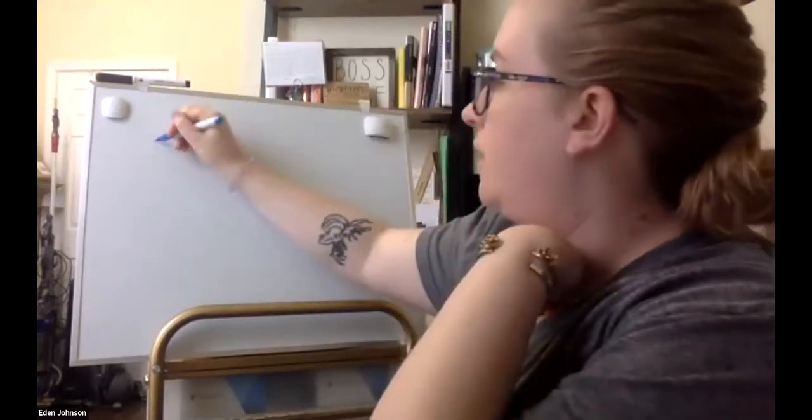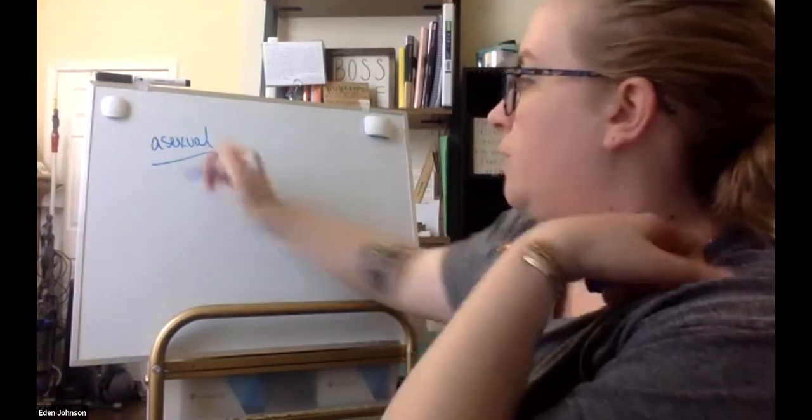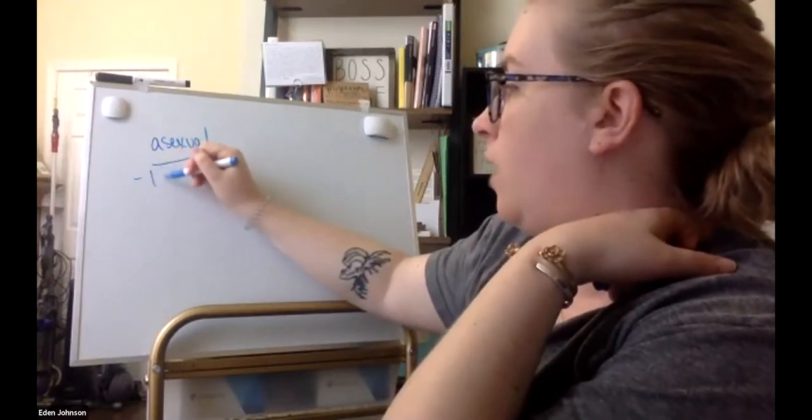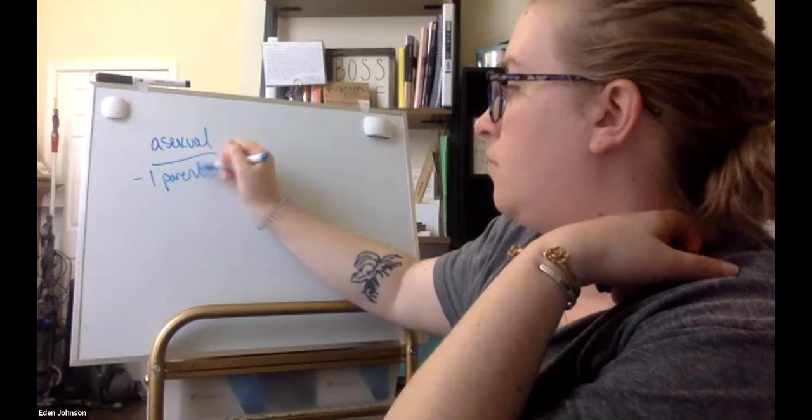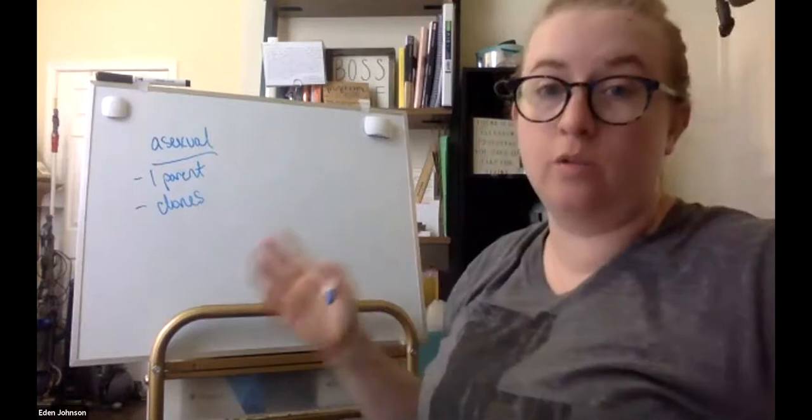All right, I'm going to stop this and bring this over here. Okay, so if we're talking about asexual reproduction, you have one parent. You are creating clones, genetic clones of that parent.